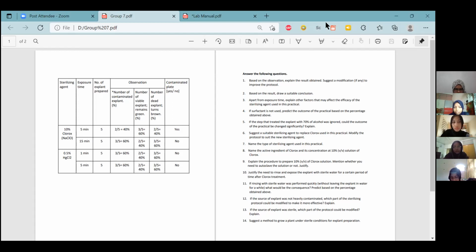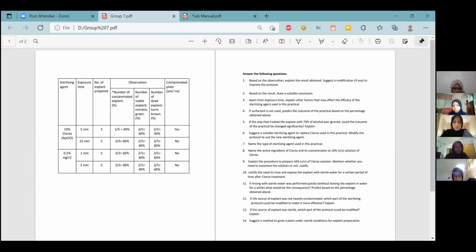As we can see here, the surface sterilization of leaf explants with the 10% Clorox is actually achieved by the fifth minute, where the number of contaminated explants is only 40%. So we already achieved it, but not for the 15 minutes. For the mercury chloride, we didn't achieve the expected results in both.